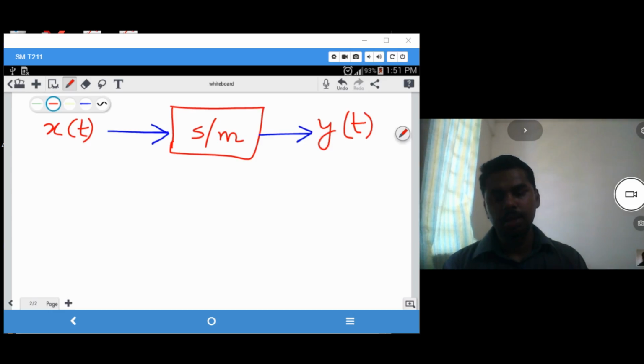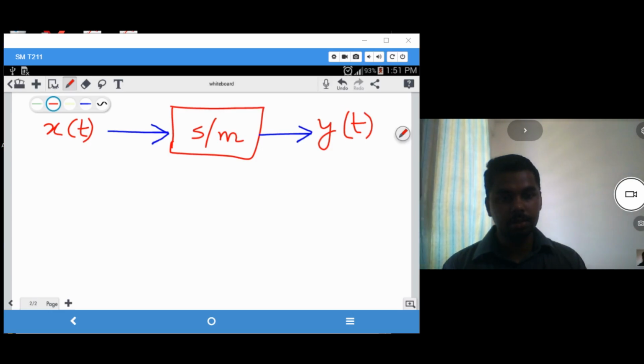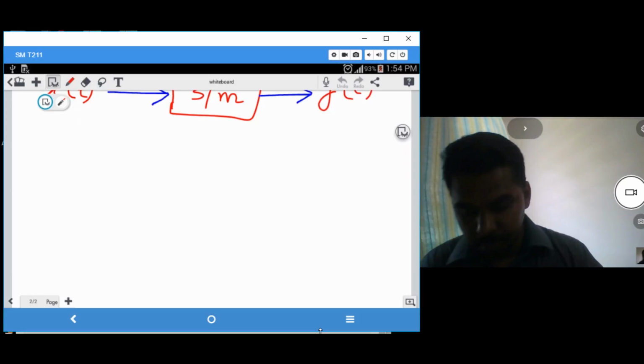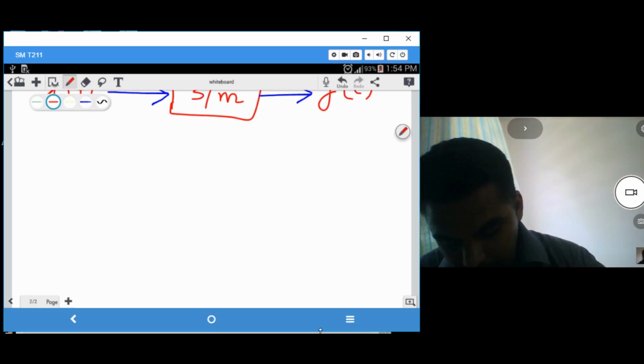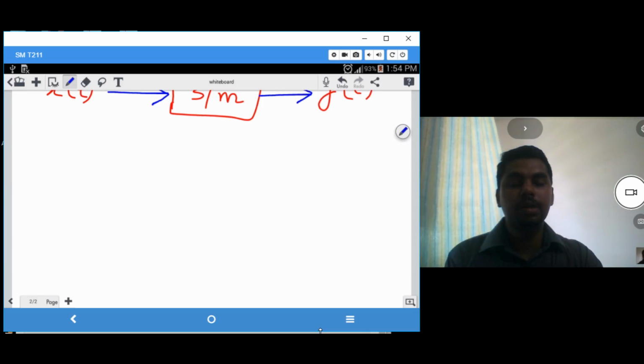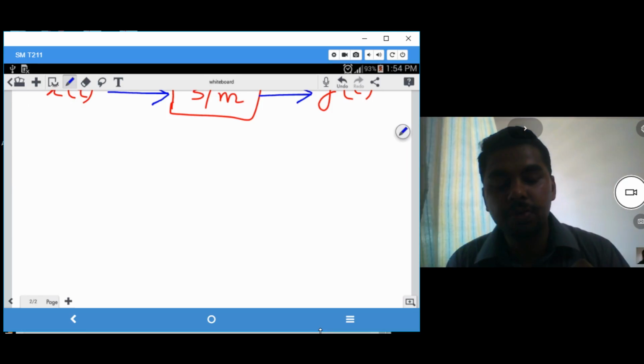So here we are defining the system block diagram using the functions x of t and y of t. With that understanding of the block diagram, we shall move into the different classifications of systems.